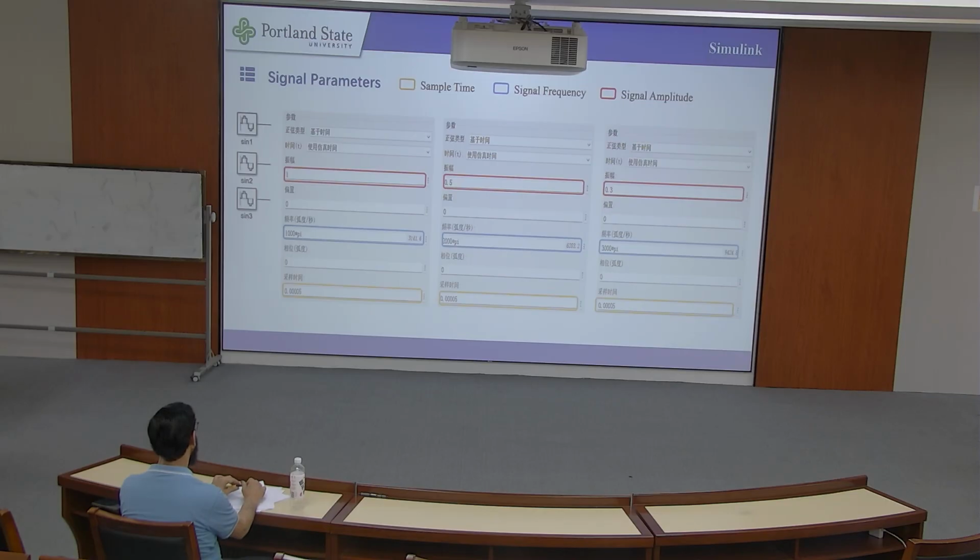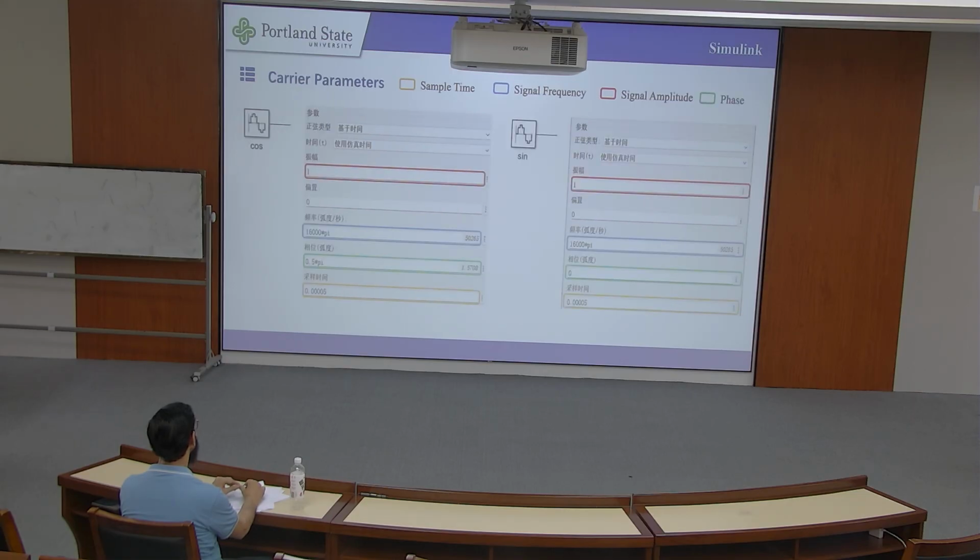The amplitudes are also the same. For the carrier parameters, both frequencies are 8,000 and the amplitudes are 1. To generate the cosine signal, we give it a phase bias of 0.5 pi.